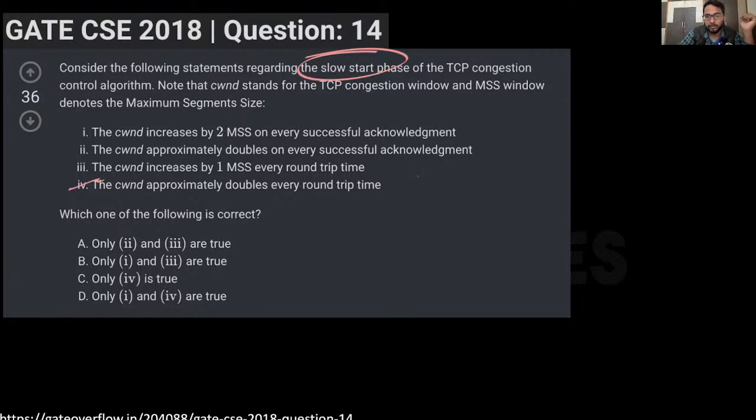CWND approximately doubles on every successful acknowledgement? No. Okay, that was a very nice question, I think. So what is the answer here? Just let me know. They're asking about the slow start.